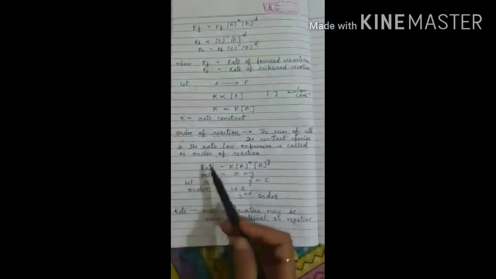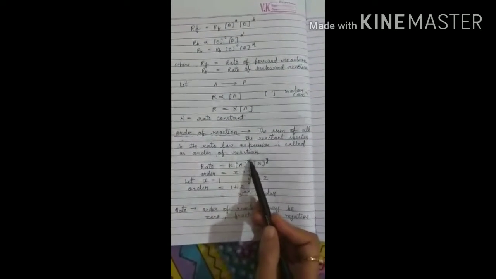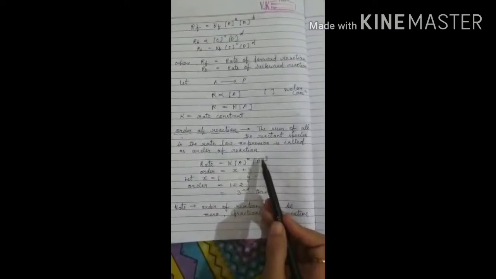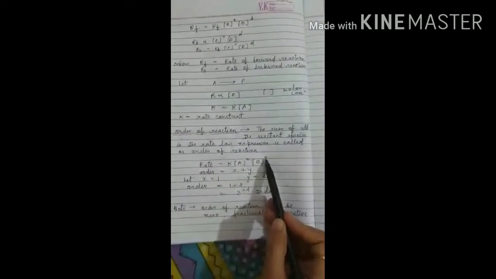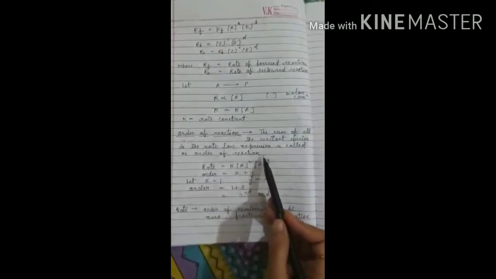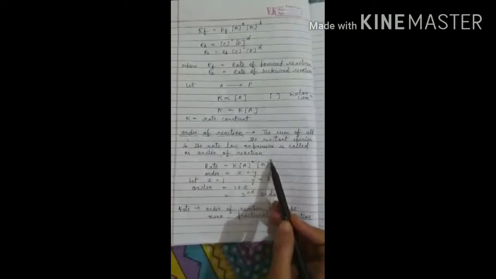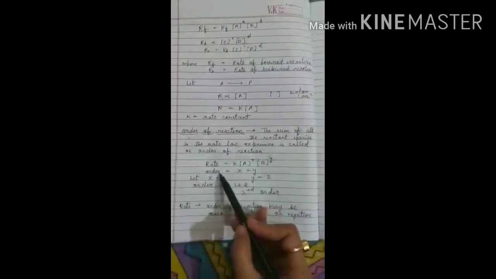So you see here, rate is equal to K, [A] raised to the power x and [B] raised to the power y. Suppose x and y I have taken here; A and B can be taken here also, depending upon the nature of the reaction. Let us consider x plus y. This represents the order of the reaction.